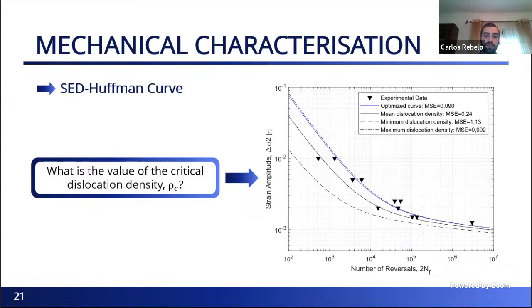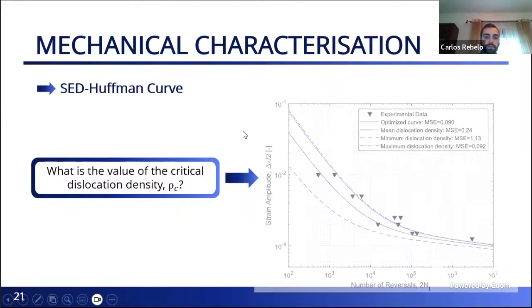The curve with the lowest MSE was the one with the maximum dislocation density, and starting from this curve, an iterative process was used to determine the lowest MSE, thus arriving at an optimized value for the critical dislocation density. It can be seen that the optimized curve practically coincides with the curve obtained with the maximum dislocation density.